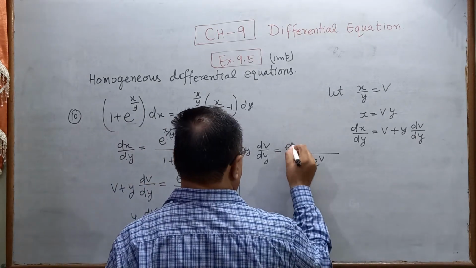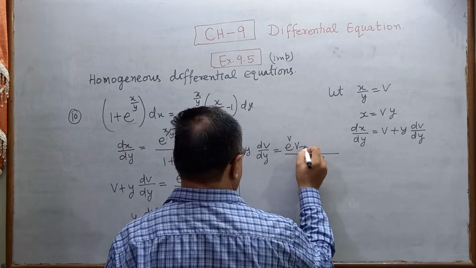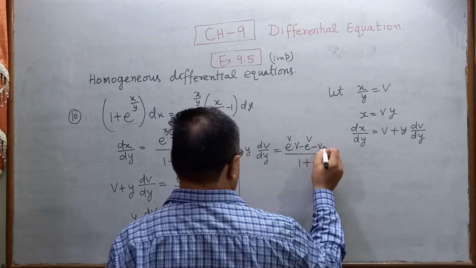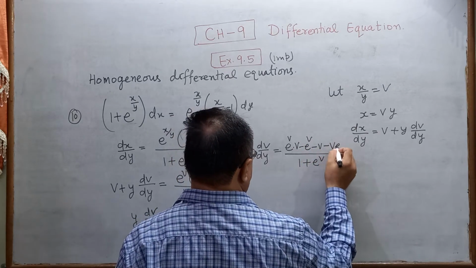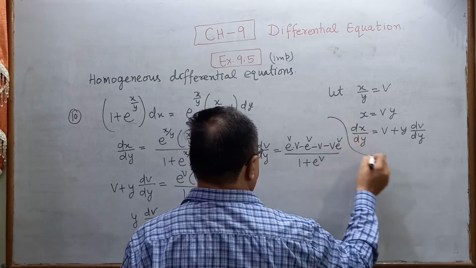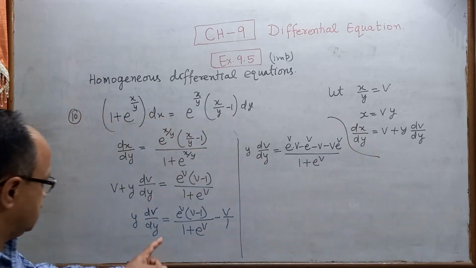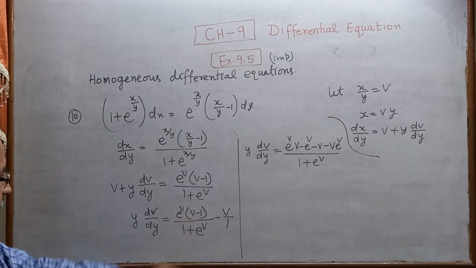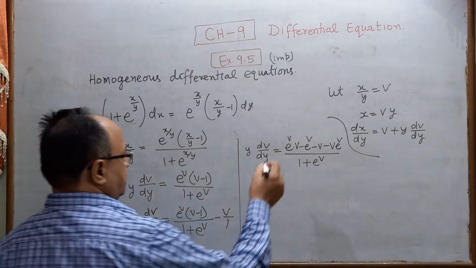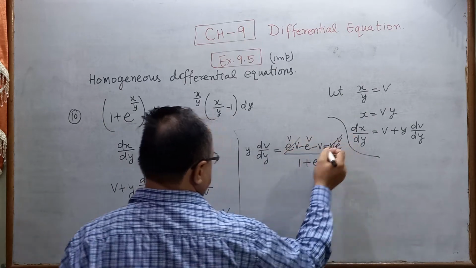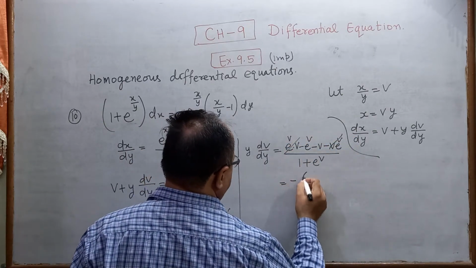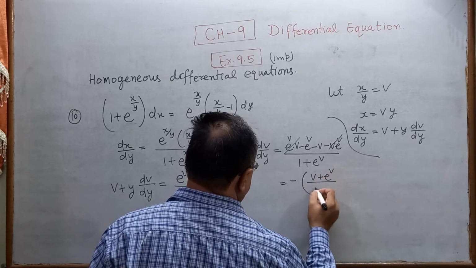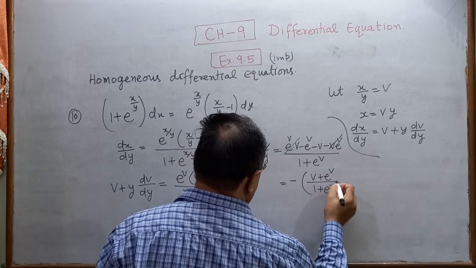The e to the power v into v minus e to the power v plus v minus v e to the power v. You can check. 1 plus v, when you multiply minus v e to the power v, correct? Okay. Now you know that this term will cancel. Take common, minus v plus e to the power v upon 1 plus e to the power v.